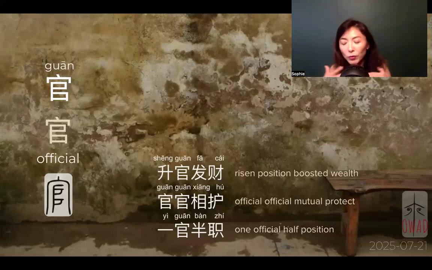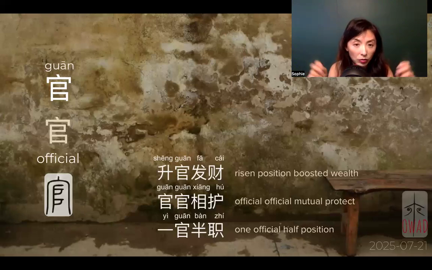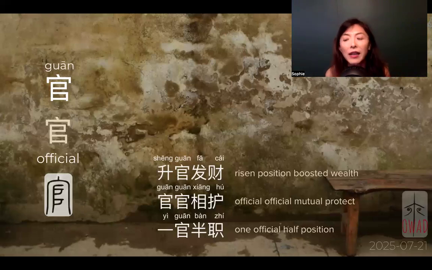Basically, they mutually support each other. Therefore, they have a better chance in this competitive world of government bureaucracy. They can rise in rank and they can protect each other, cover each other, something like that.